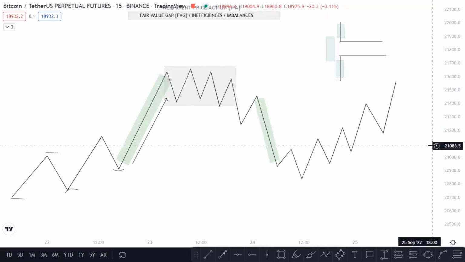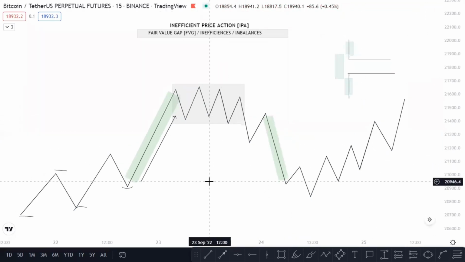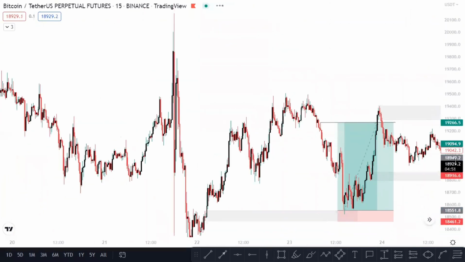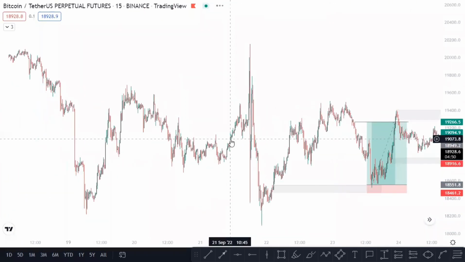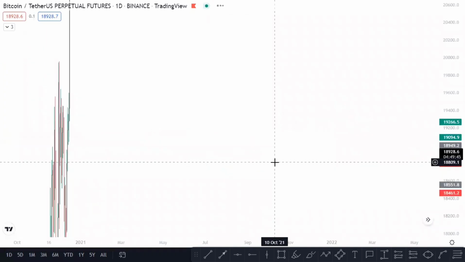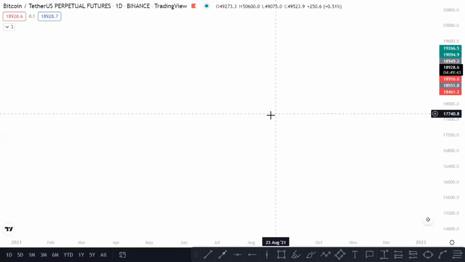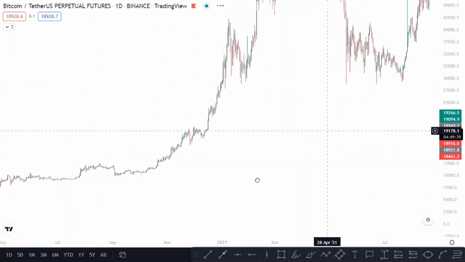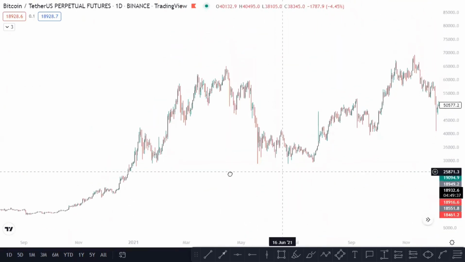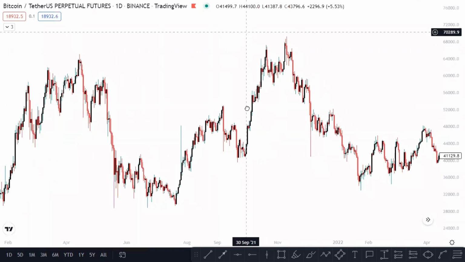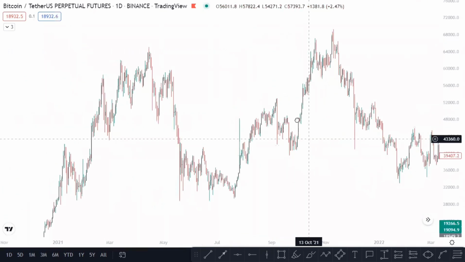Yeah, so let's dive into the chart and do some stuff. Probably I should start with the daily time frame. Daily time frame.